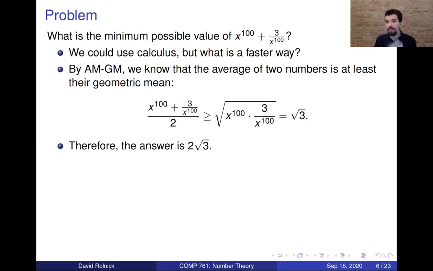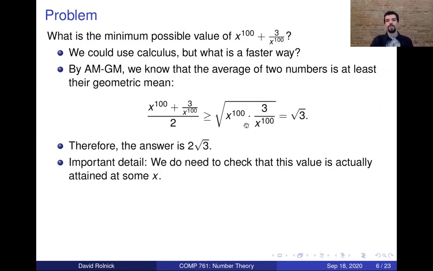Now, we're not totally done. I'm glossing over one small thing here. We need to know that it's possible. So we do need to check that this value is actually attained at some x. And I didn't talk about this on the previous slide, but AMGM has what's called an equality case. I'll put it in the slides when I post the slides.